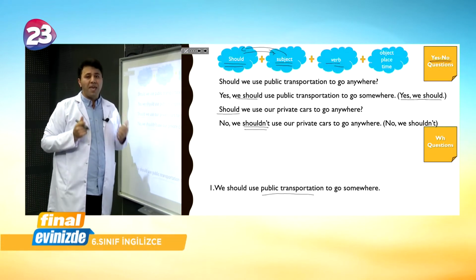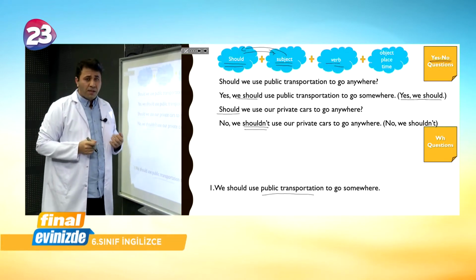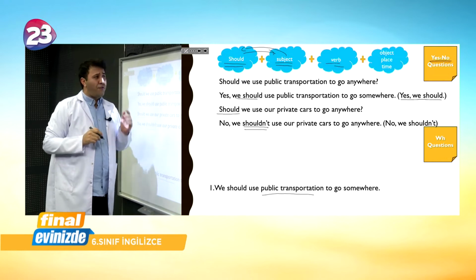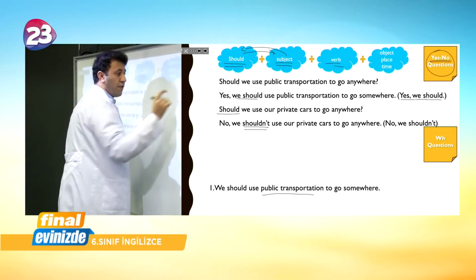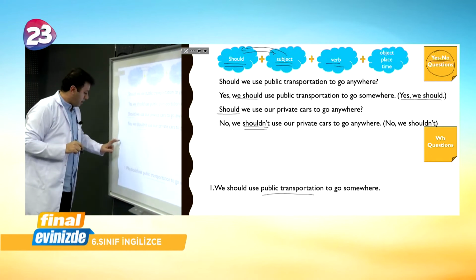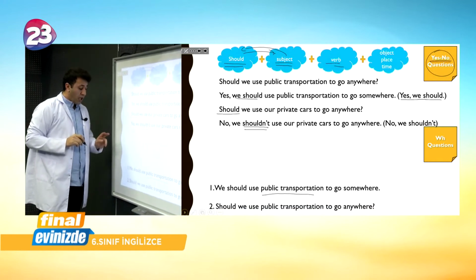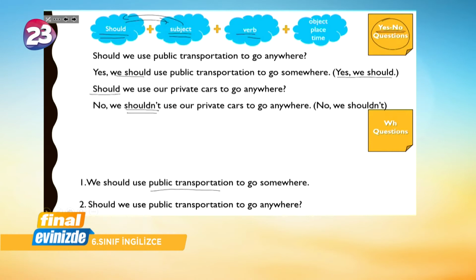I want to make it question, but to make you understand, first I will change into yes-no questions first. Should we use public transportation to go anywhere? What did I do? I have changed, I have replaced.